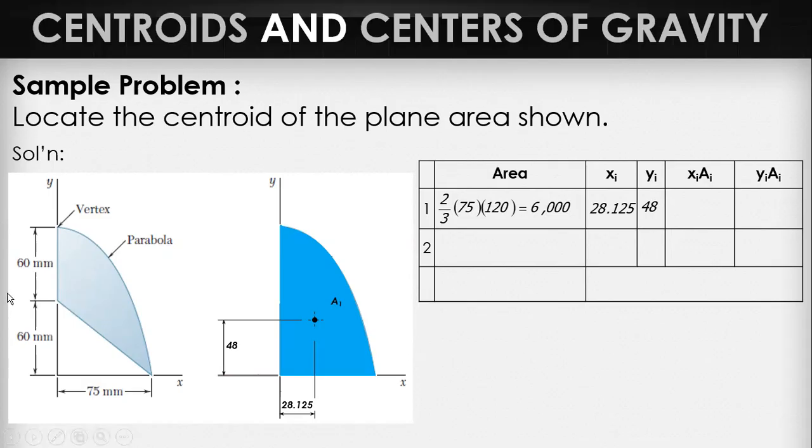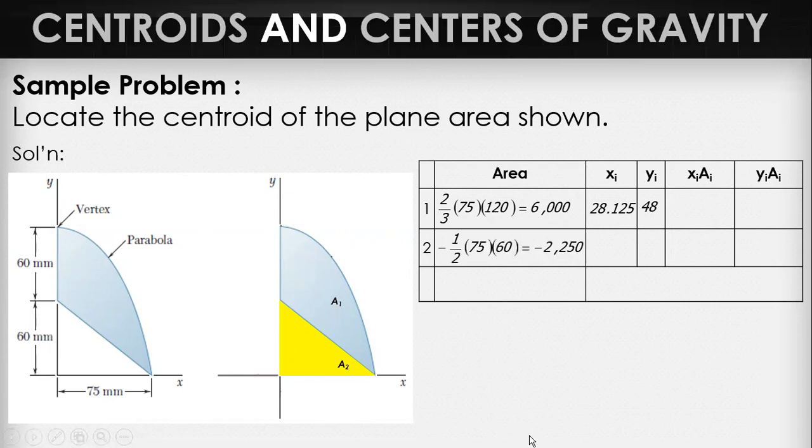Again, the shaded area is equal to the semi-parabolic area minus the triangle. And this is our area 2, the triangle. The area is 1/2 of 75 times 60. It's negative 2,250.